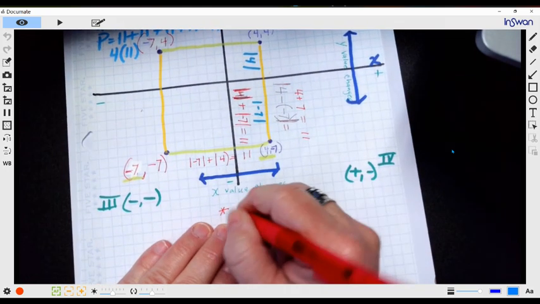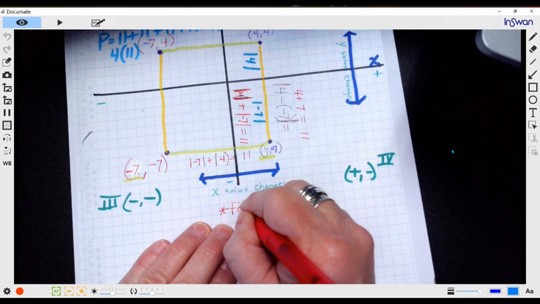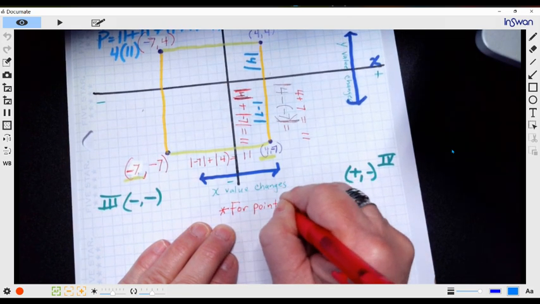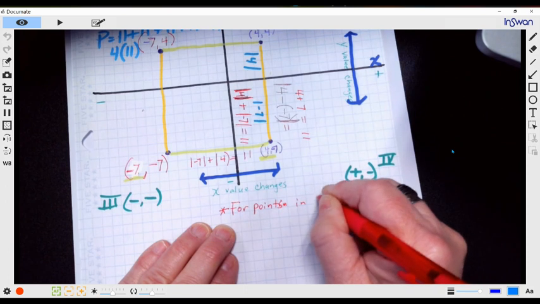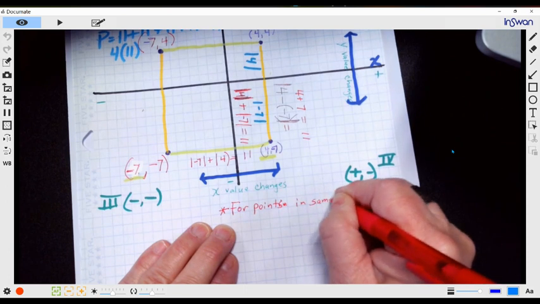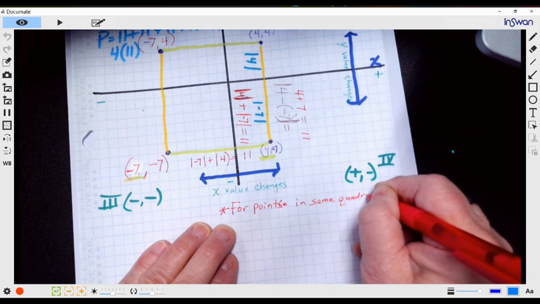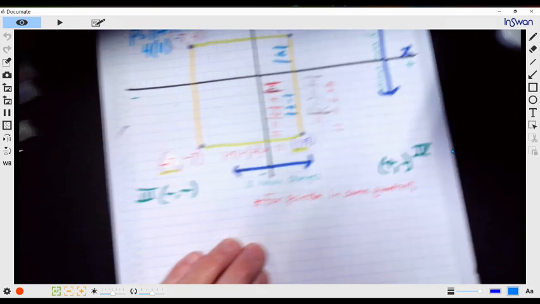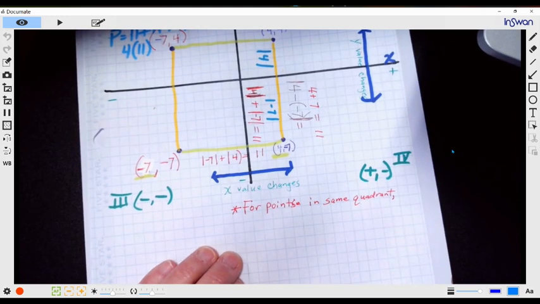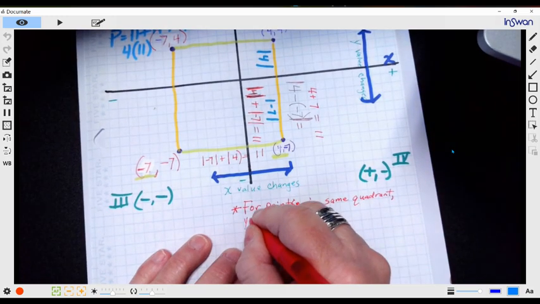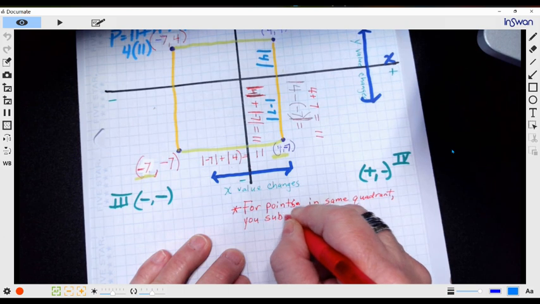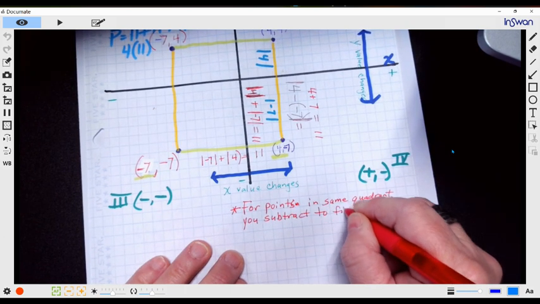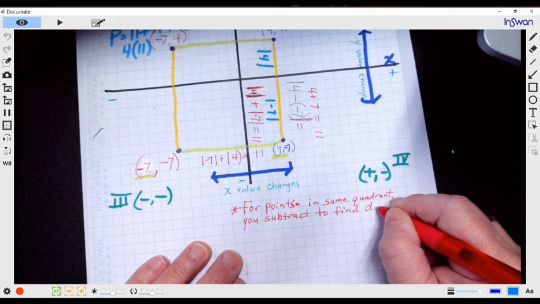For points in the same quadrant, you subtract to find distance between.